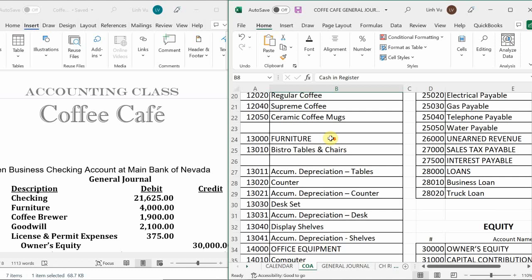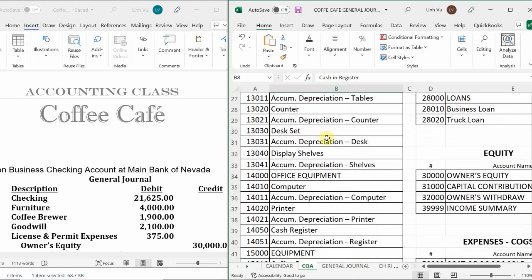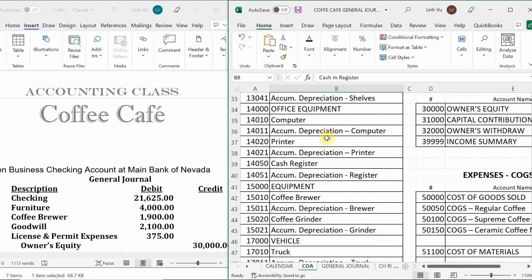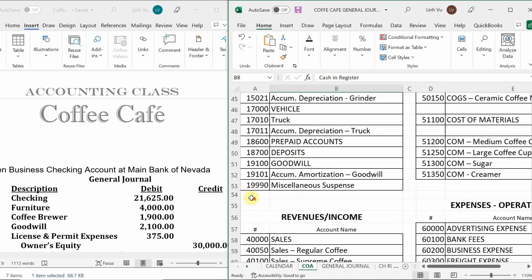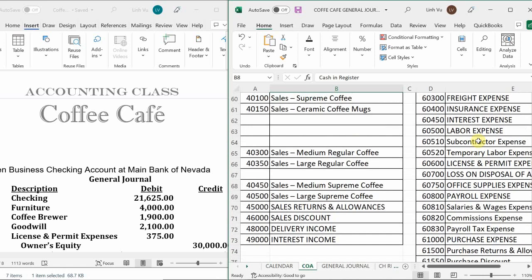What about a coffee brewer account? Yes. Yes, you do, right? You have the coffee brewer 1510. Okay? 1510. And do I actually have goodwill? Yes. Good, right? I have 19,100 for goodwill. And then let's see, do I actually have something, do I have any expenses that's remotely to what a permit expense is going to be?